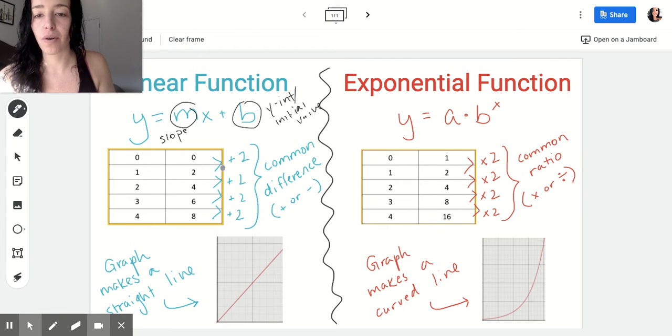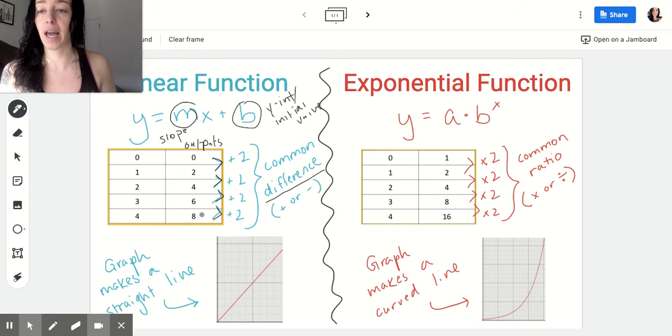As you see here, though, this and all linear functions are going to have what we call a common difference, which means that their outputs, and I'm looking at this table here, right? Their outputs are either going to change by adding a certain amount each time. As you see here, we have plus 2, plus 2, plus 2, plus 2.